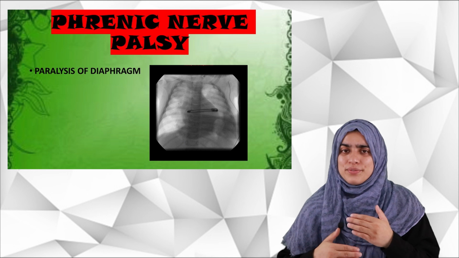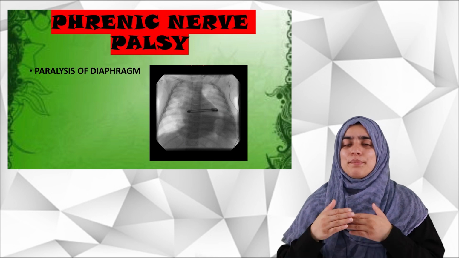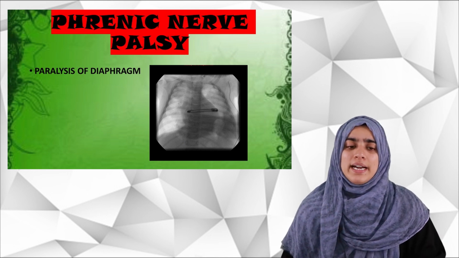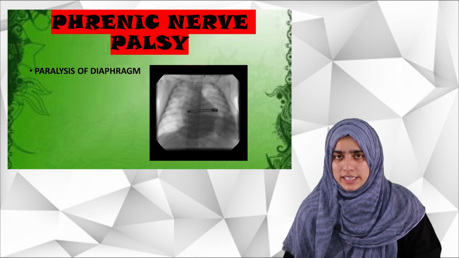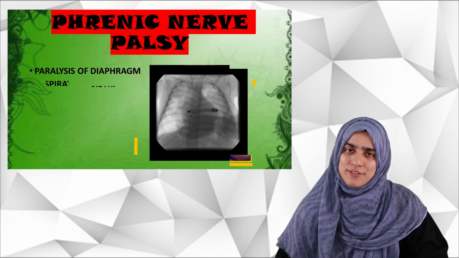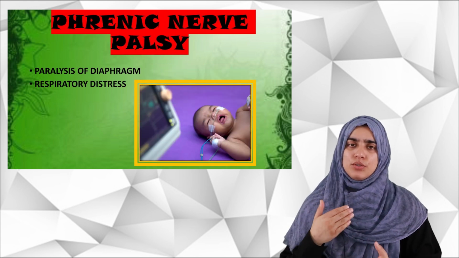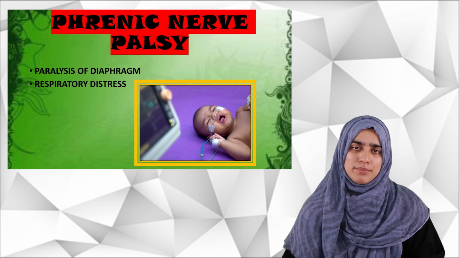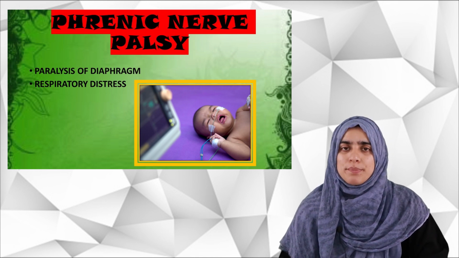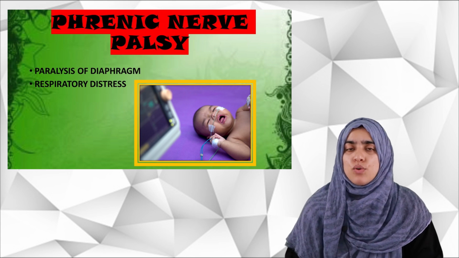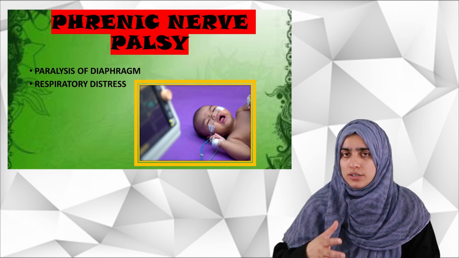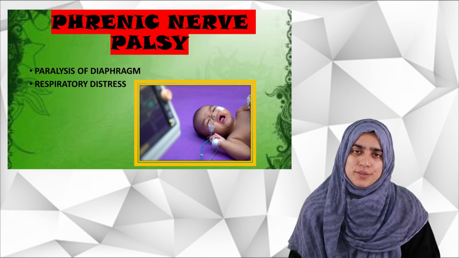Phrenic nerve palsy causes paralysis of the diaphragm, and that can be seen with the help of ultrasonography. That means there will be an elevated diaphragm. Respiratory distress is the most common sign which helps to detect this condition.